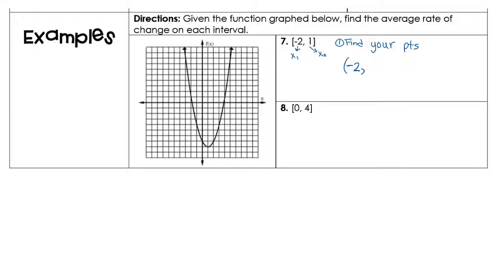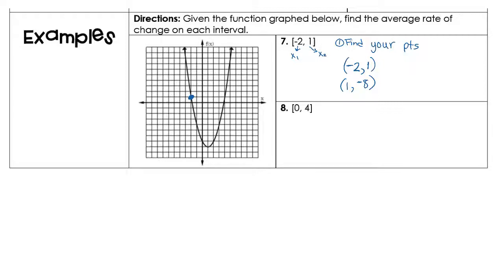If we look over, we go back 2, and then we keep going till we get to the graph, it's going to be right here. So that's going to be (-2, 1). And now let's find our other ordered pair. We have 1, comma, and if we go all the way to our graph, it looks like we're going to get to a -8.